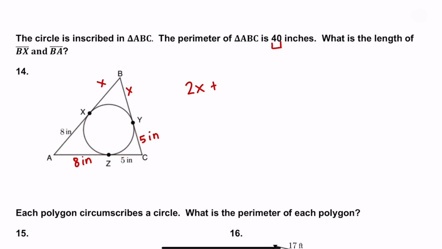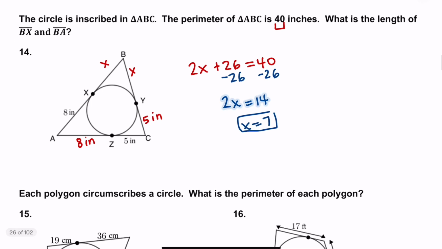So 2x plus 26 has to equal 40. I am going to minus my 26 from both sides of the equal sign. I get 2x equals 14, and so x equals 7. So BX is 7.